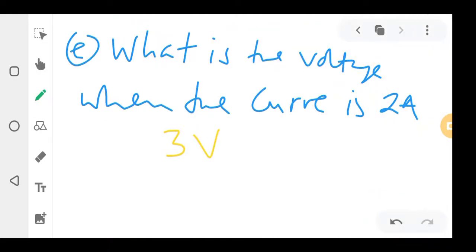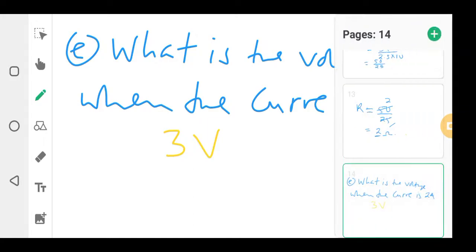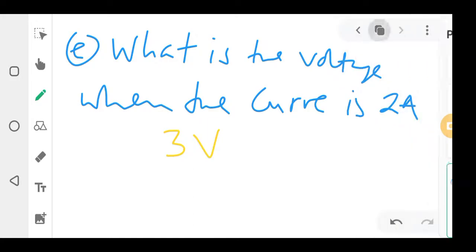I'm just showing you how things are done. 3 volts.